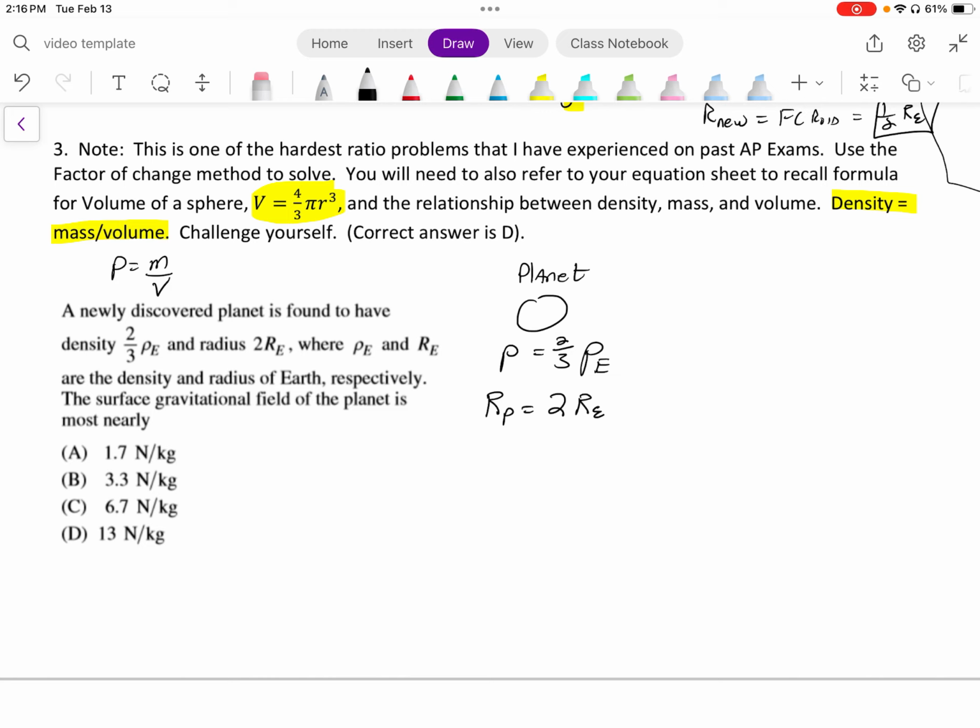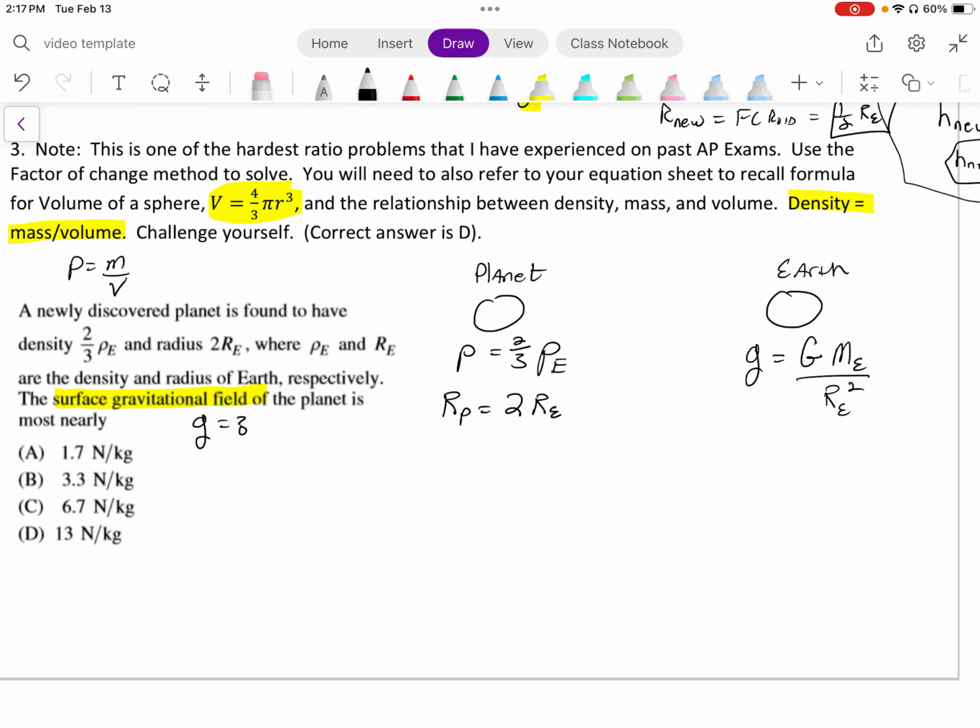And they want to know the surface gravitational field. What are they asking for? Little g. That's what they're looking for. So I have this situation over here. This is Earth. We know that little g on Earth is equal to big G times the mass of Earth divided by the radius of Earth squared.